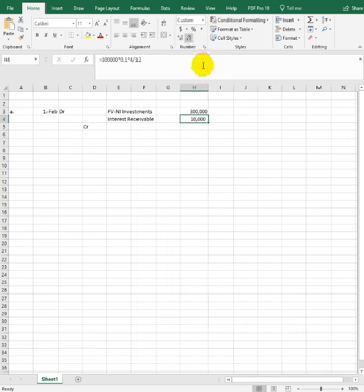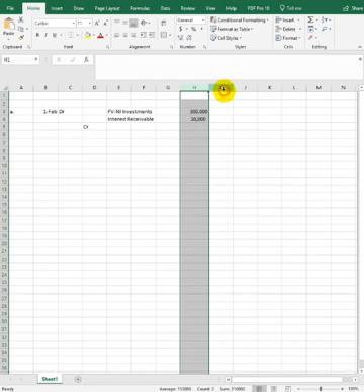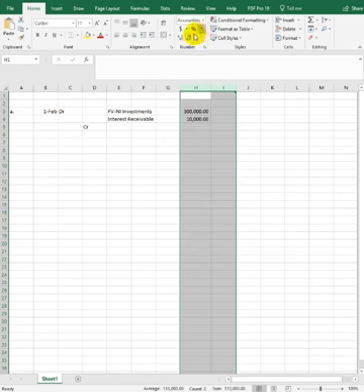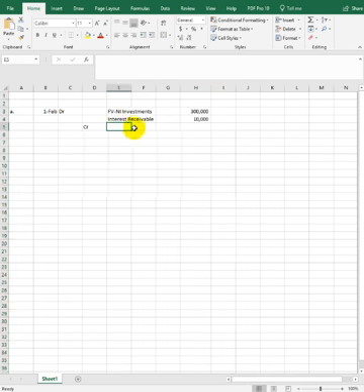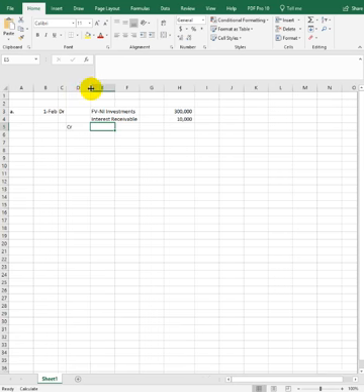Boy, I'm fighting with this. Let's put the format for both of these as that, and then minus a couple of decimal places in there. That should work out. Okay, and then we can make these a little smaller.